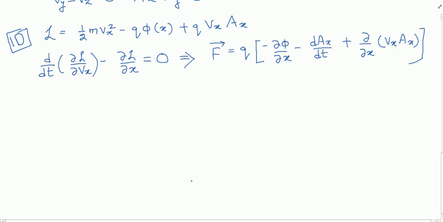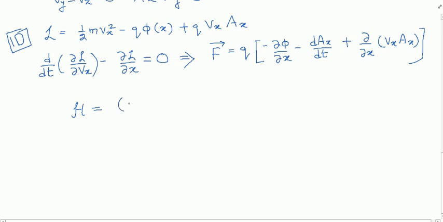Now the story doesn't end here, but unfortunately I have to end it here. But I'll give you a quick idea what the Hamiltonian is going to look like, because once we know the Hamiltonian, we can write the Schrodinger equation of a non-relativistic particle in an electromagnetic field. So the Hamiltonian is going to look like this.